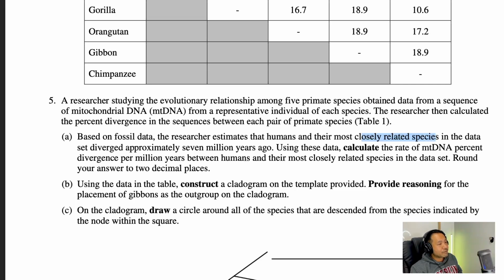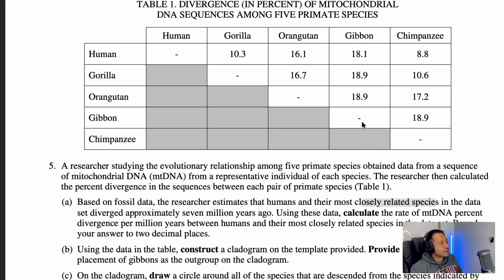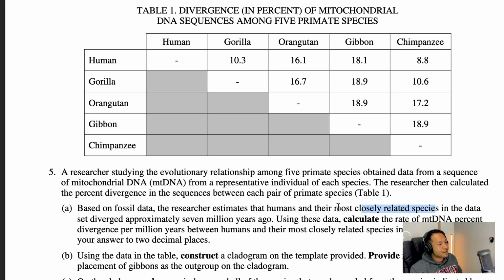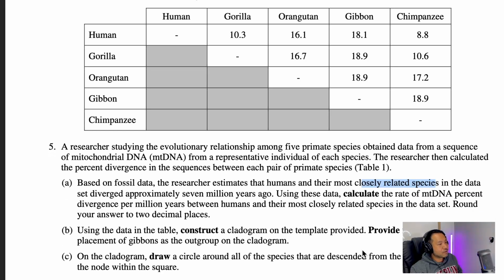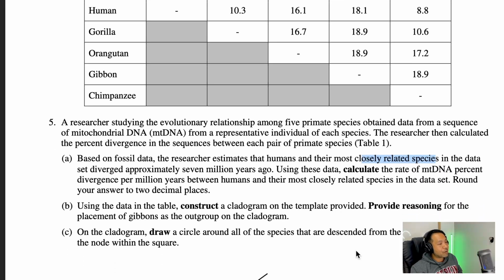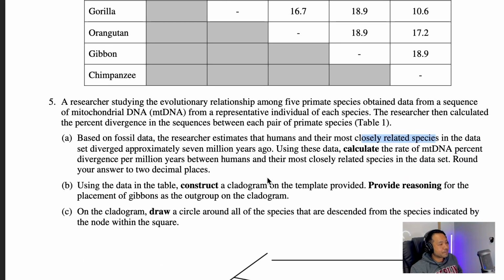So we just have to divide this 8.8 by 7, and that should give us how much divergence there would have been per million years. I think that's about 1.25, and I think that would be a decent enough answer.